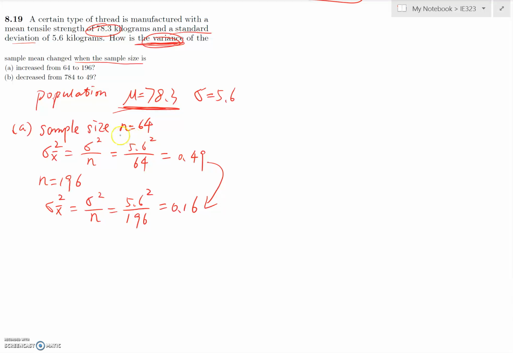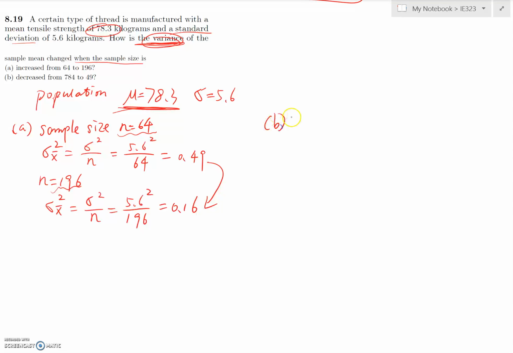So when the sample size changed from 64 to 196, the variance of the sample mean will change from 0.49 to 0.16.